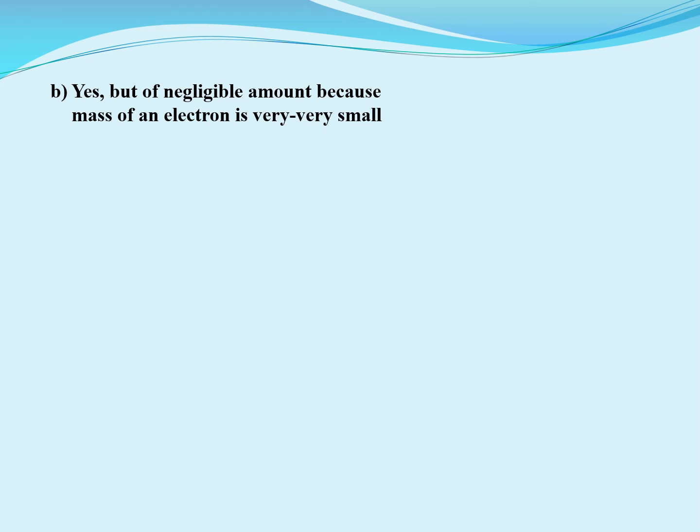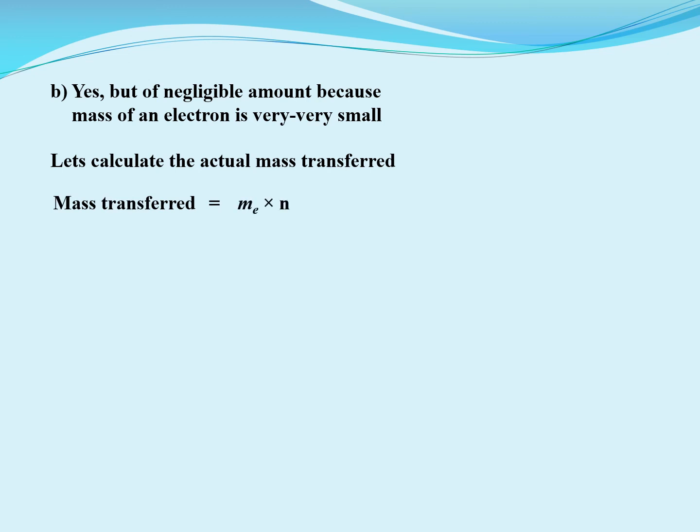We find that a negligible amount of mass has been transferred in the form of electrons. So to find out the amount of mass that is transferred, I will consider the mass of the electron and substitute it as m_e, which is the mass of the electron, times N, which represents the total number of electrons.